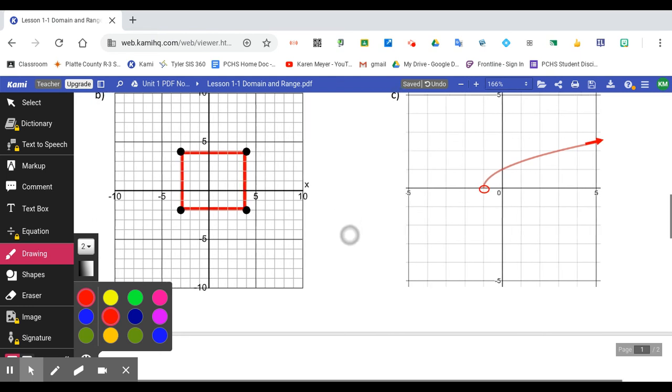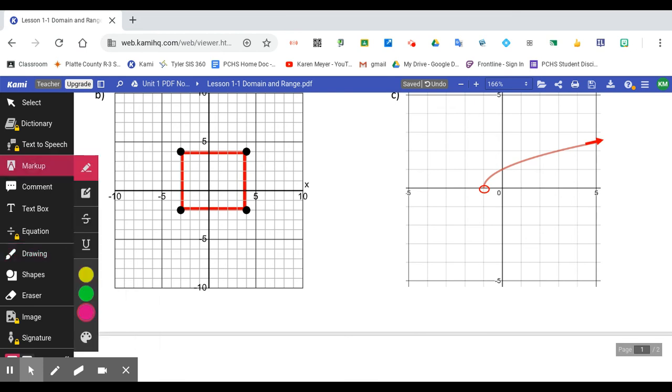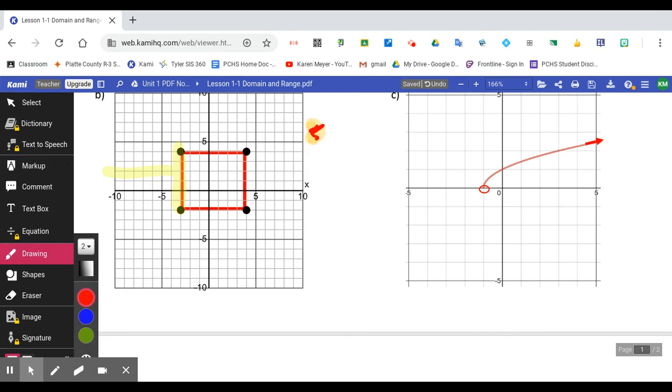So let's look at our next example. So once again, for the domain, we're going to start on the left side and work my way in. And the very first time it hits, sorry, I think I said y, but I meant x.